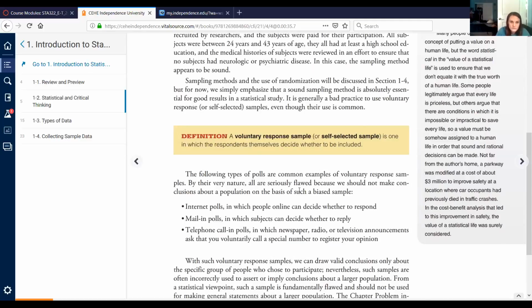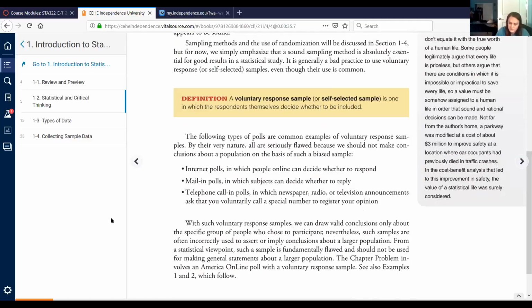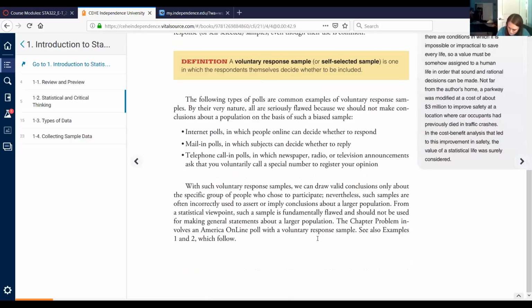So these are all very biased populations because only people with an interest in the topic or a strong opinion are going to participate. And so the only thing that we can really do is draw a conclusion about the people who participate.